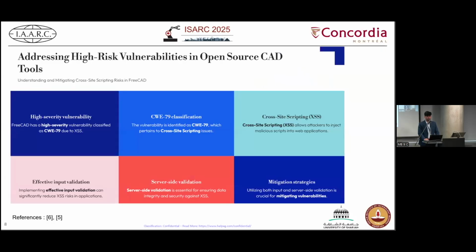So let me start with some of the high-risk ones to highlight here. We have CWE 79, which is a number given to each vulnerability that has been found. This is called cross-site scripting, or XSS.